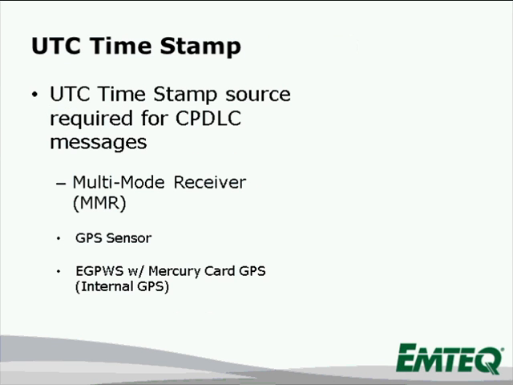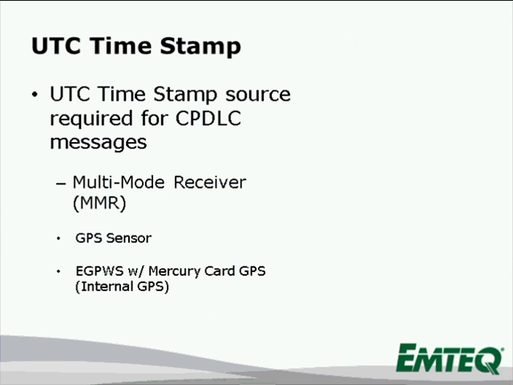For the UTC time stamp source, of course, there are multiple options. Most aircraft, or I believe all aircraft, should be equipped with an eGPWS or a similar system, a SAW system. If that system has an internal GPS, specifically the Honeywell eGPWS with a Mercury card, that is an option that can be used.